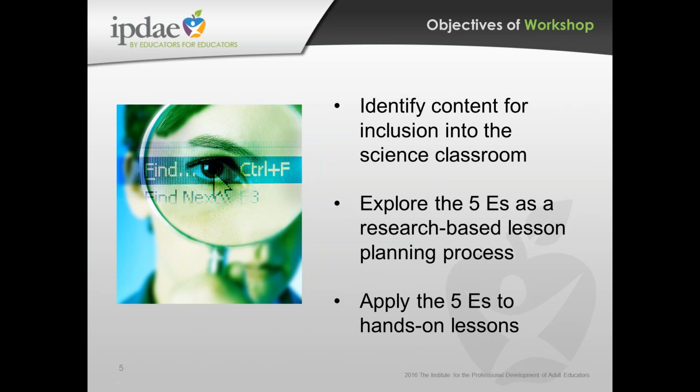Remember, we want them to be able to take information that they learn in our classrooms and move out into the real world and on into post-secondary education. So let's keep that in mind. And then last but not least today, we're going to go through a couple of options for how you can apply the 5 E's to hands-on lessons themselves.